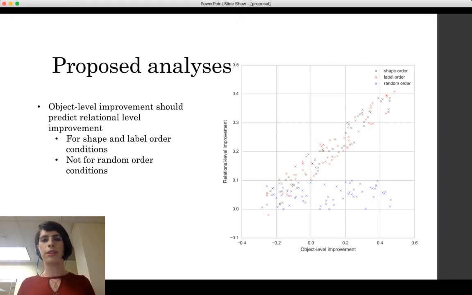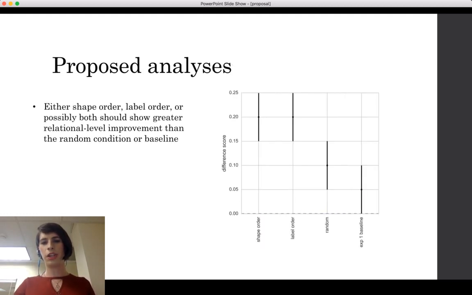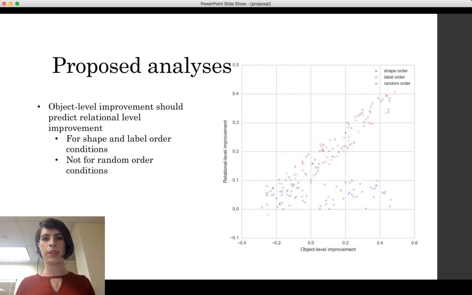It would not surprise me if here the shape and label order were a little bit lower, but maybe slightly higher than random and possibly not different, with little or no correlation.